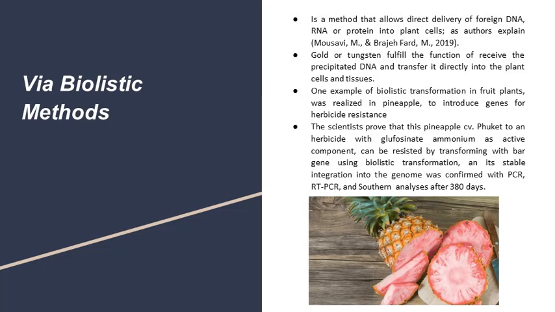In this method, gold or tungsten particles receive the precipitated DNA and transfer it directly into plant cells and tissues. In this way, it is possible to introduce new traits to plant species with a high degree of heterozygosity, such as some fruit trees. One example of biolistic transformation in fruit plants was done in pineapple.